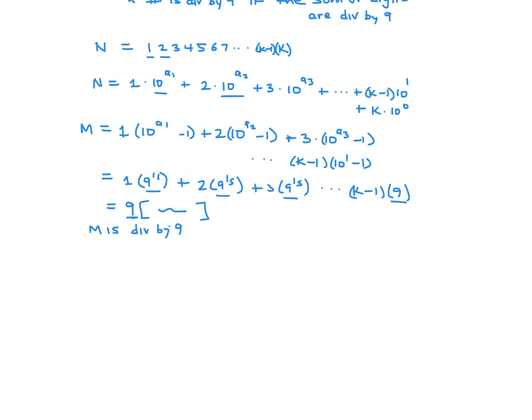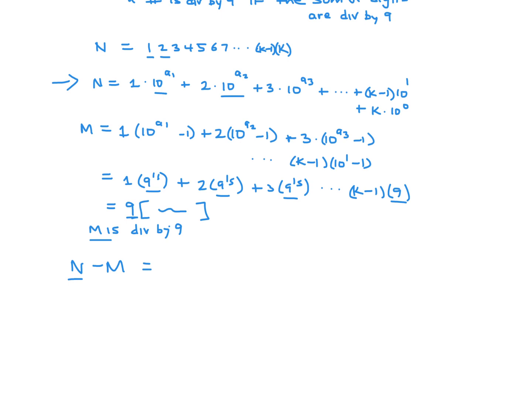But we want n to be divisible by 9. So what we can do is subtract them: n minus m. If that is divisible by 9, then n is divisible by 9, because we already proved that m is divisible by 9.